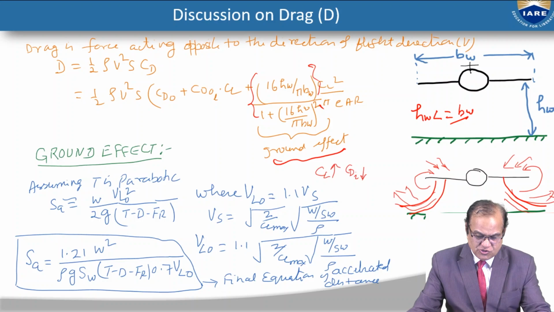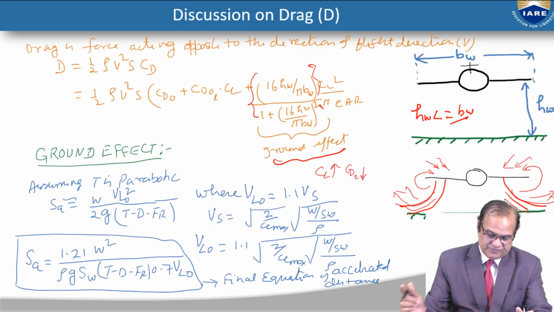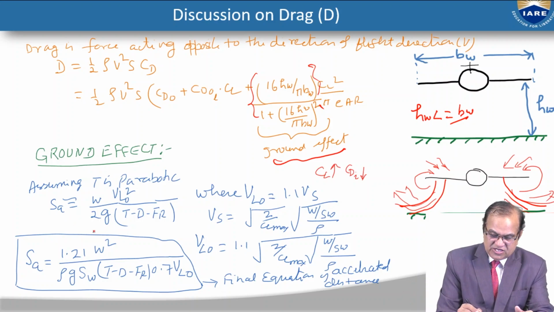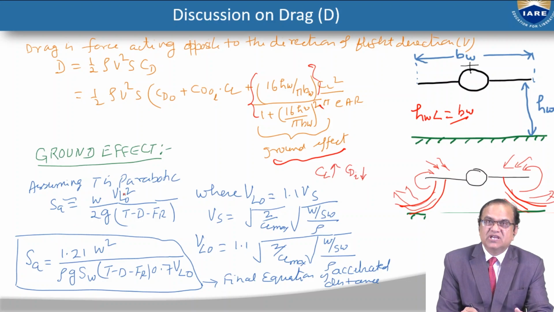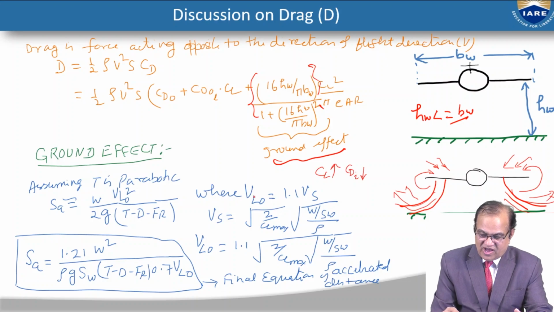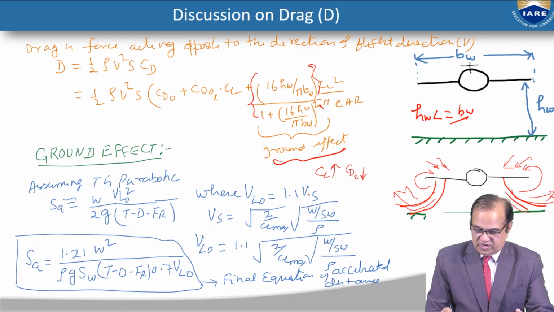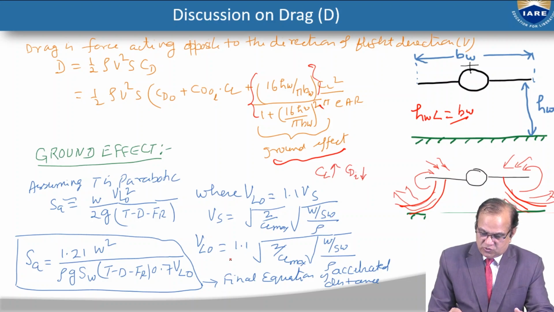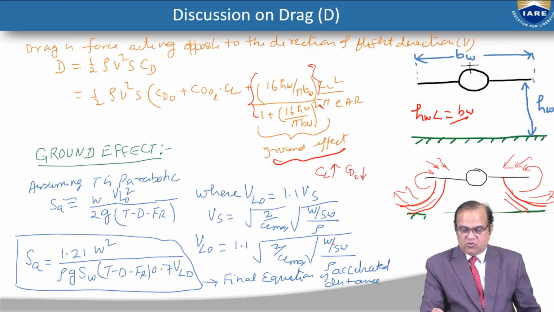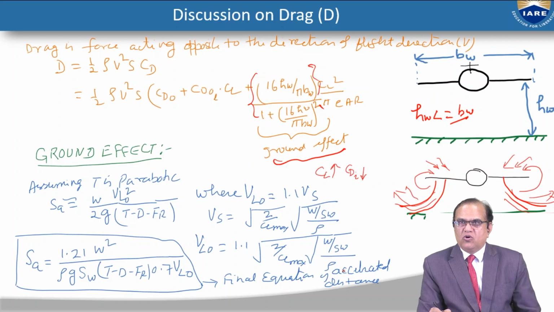Assuming that T is parabolic, SA is equal to W by 2G VLO square divided by T minus D minus FR, where VLO is the lift off speed, and it is 1.1 Vs, where Vs is equal to under root 2 by CL maximum under root W by SW by rho. So VLO is equal to 1.1 under root 2 by CL maximum under root W by SW rho.